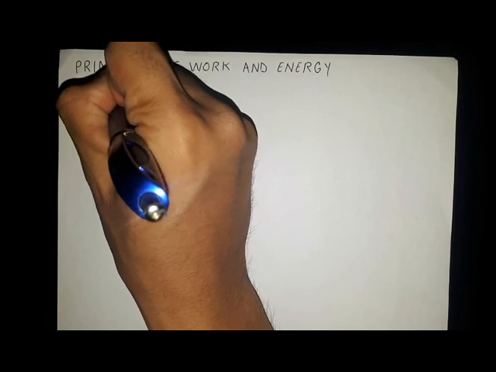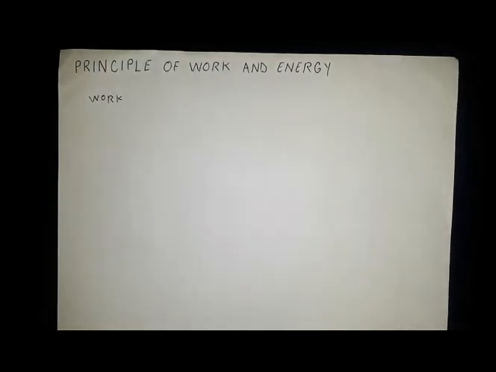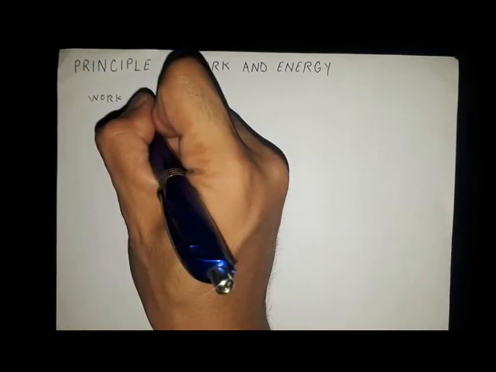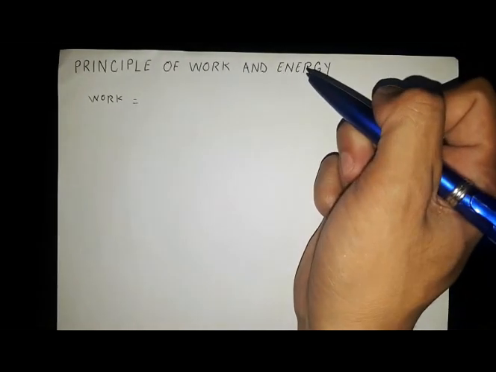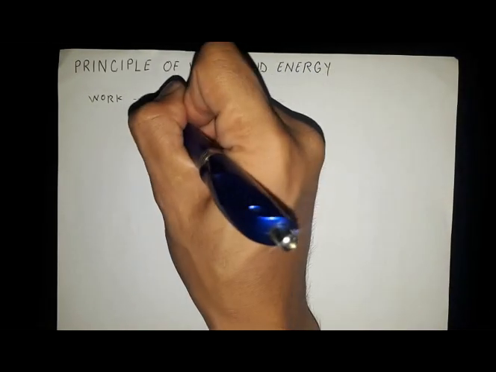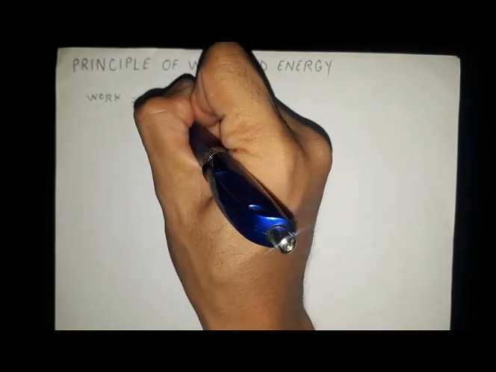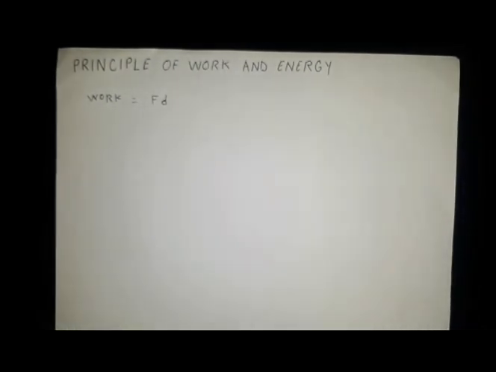In our earlier education, we define work as the product of force and the distance.